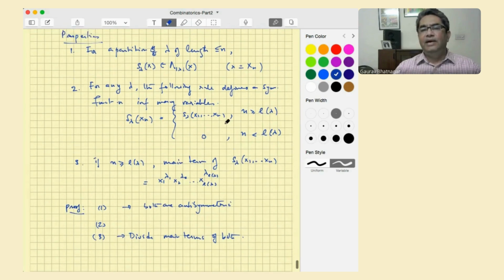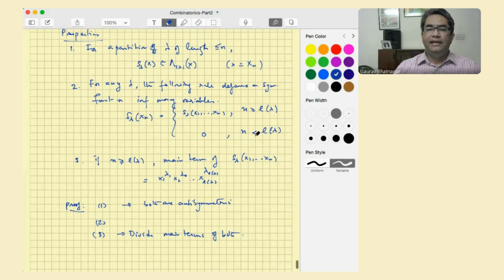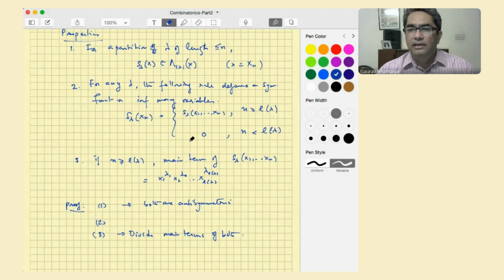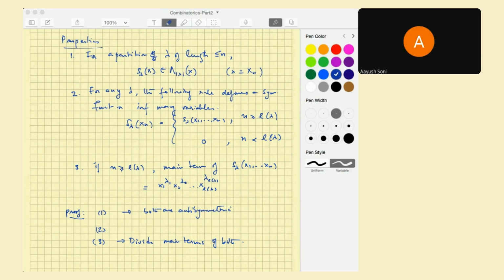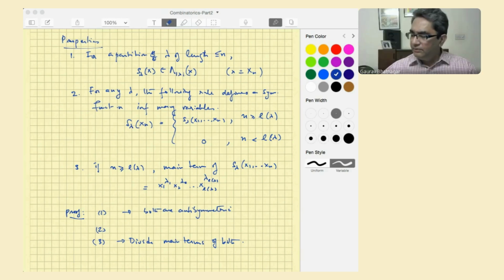I mean, this requires some argument that when x_n becomes equal to 0, then it gets back into a smaller Schur function. That's the purpose of this 2. Okay, any questions? So, Professor, will we be doing the proof of two next class? Yes, yes. It requires a little bit of proof.